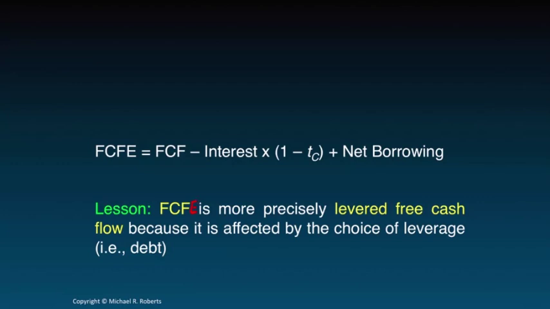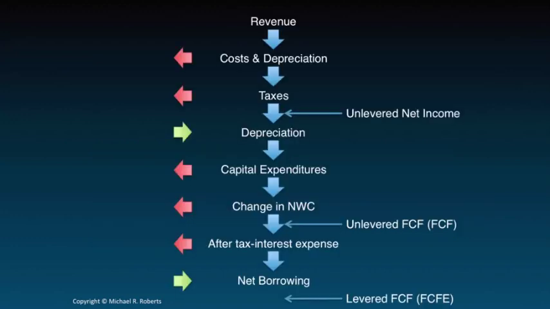So let me show you what we've just discussed schematically in terms of a hierarchy, that's getting us a little bit close to an income statement. Remember, free cash flow starts up at the top with revenue. We're going to pull out the depreciation and costs. We're going to pull out our taxes. That's going to give us our unlevered net income. This is our NOPAT or our EBAT.